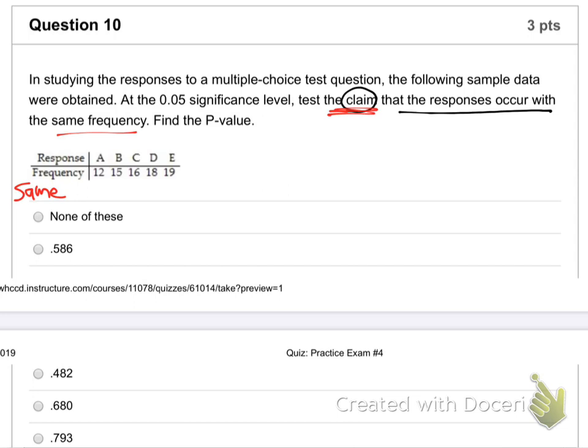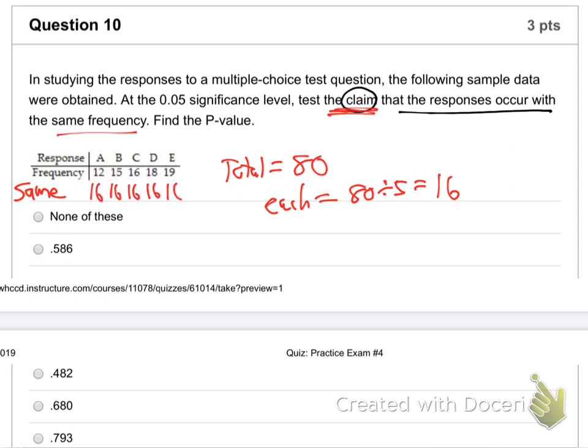We have to add them all up and divide by 5, because there's 5 different options. So if you add them all up, 80. And then each should be 80 divided by 5, which is 16. So 16, 16, 16, 16, 16.